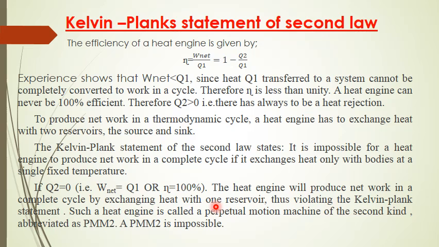In order to work, a heat engine has to operate with two bodies at two different temperatures, source and sink. It cannot operate with a single source of temperature. Such an impossible, imaginary body that produces 100% efficiency we call PMM2, perpetual motion machine of the second kind.